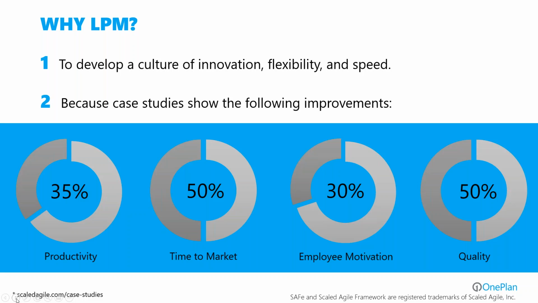But perhaps more importantly, there are a growing number of case studies, many of them at scaledagile.com, that show you some of the metrics being shifted that are very relevant to business agility, productivity, speed to market, employee engagement, and product quality. So these things should all tell us they might be onto something with this lean portfolio management thing.